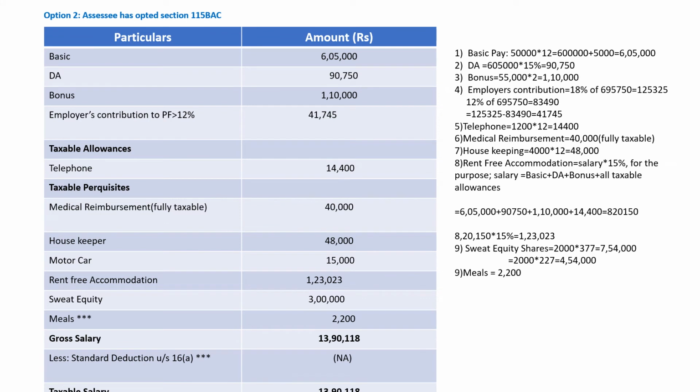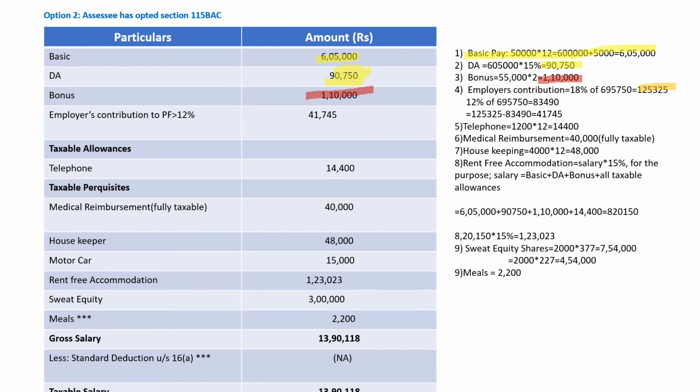Now, the same as option 1, I have given you here basic 5,000, and we have written the amount here. Then dearness allowance is also calculated here. Then bonus is also here, 1,10,000. Then employer's contribution is also the same way.